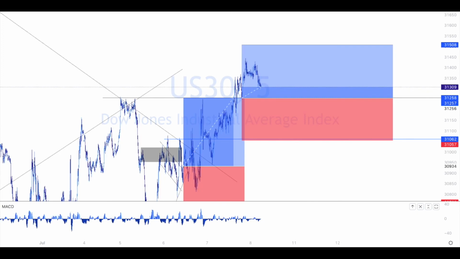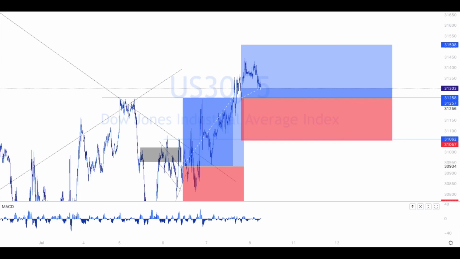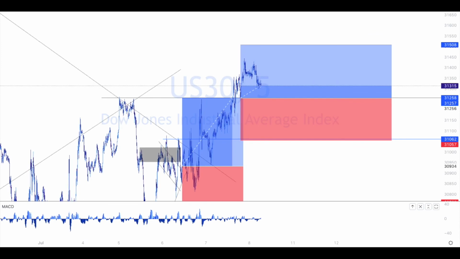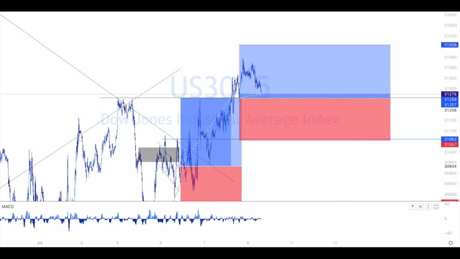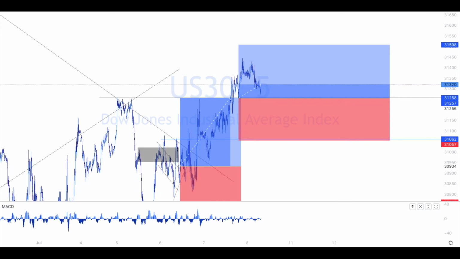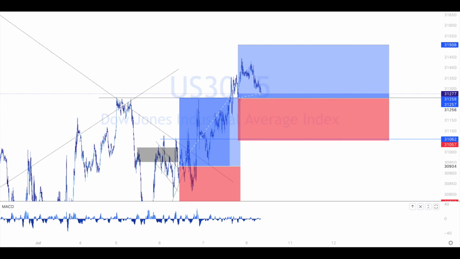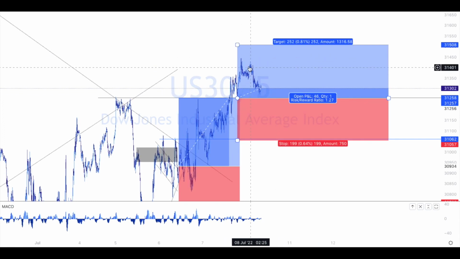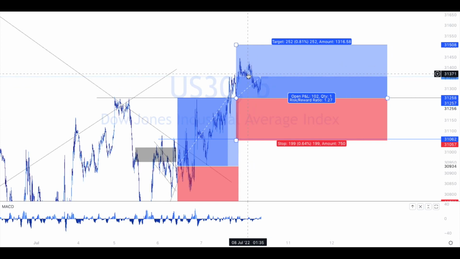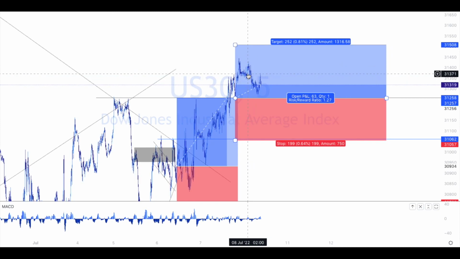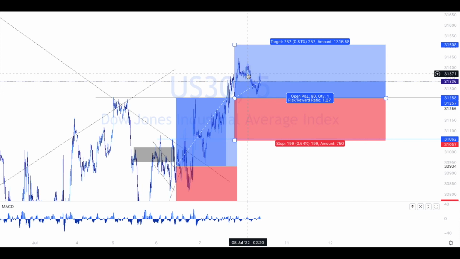It looks like it's moving against me now. Am I going to manually jump out? In all fairness, I would have been out of this trade some time ago, around this level. As soon as I saw this second high, I would have been out. But like I said, we're going to let this play out and see if it hits TP.